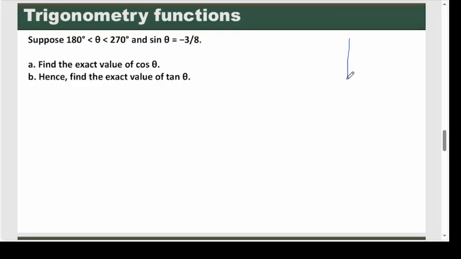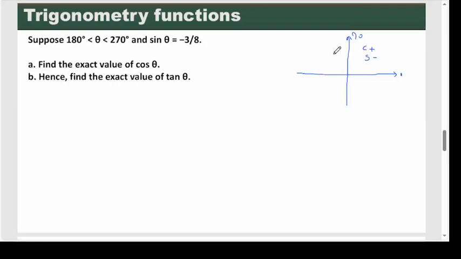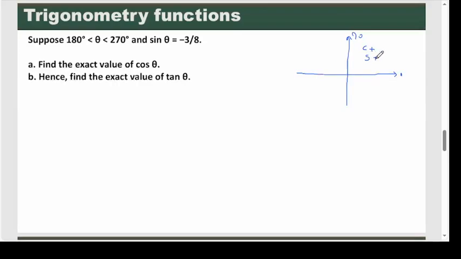First of all, I draw a coordinate plane. From 0 to 90 degrees, which is the first quadrant, cosine is positive and sine is positive.